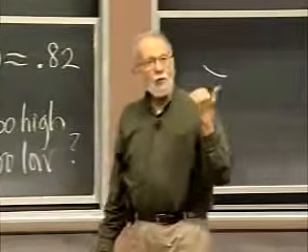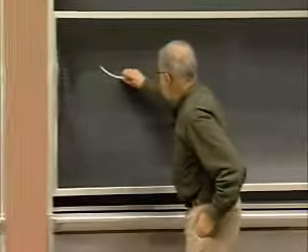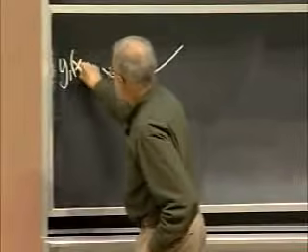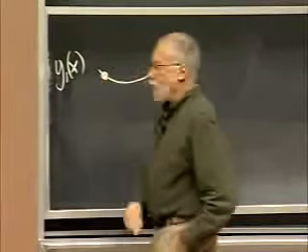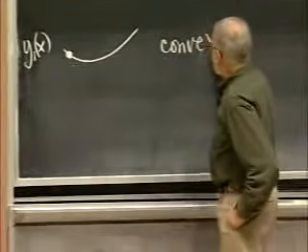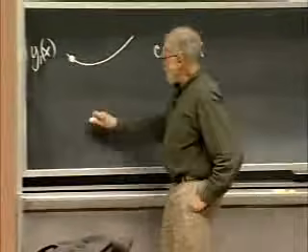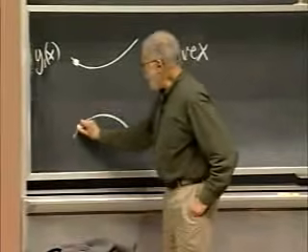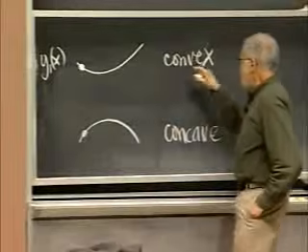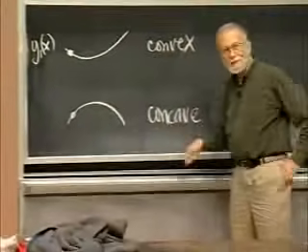Well, the critical question is, is the solution curved? So here's the solution. Let's call it y1 of x, and let's say here was the starting point. Here the solution is convex, and here the solution is concave. Right? Concave up, or concave down, if you learned those words.